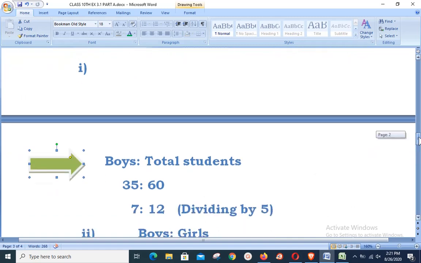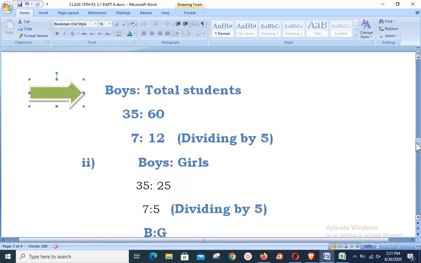We have number of boys 35. We have total students as 60. So dividing both terms by 5, 5 into 7 is 35, 5 into 12 is 60, we obtain boys ratio total students as 7:12. Hope it is easy to understand.